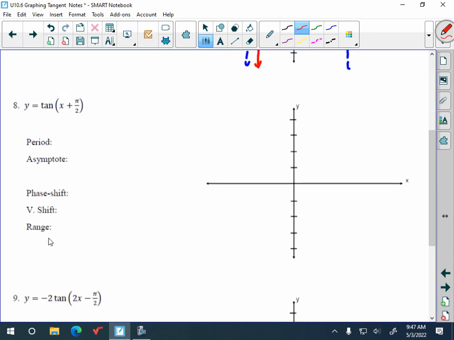All right, so number 8. Pi divided by 1 is pi. Here we'll set x plus pi over 2 equal to plus or minus pi over 2. So here we're going to subtract pi over 2 over.